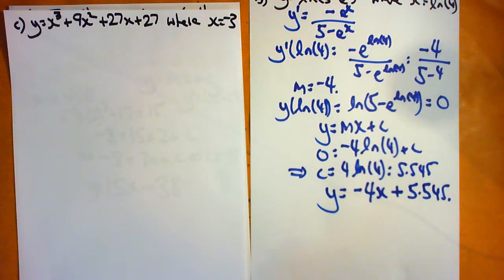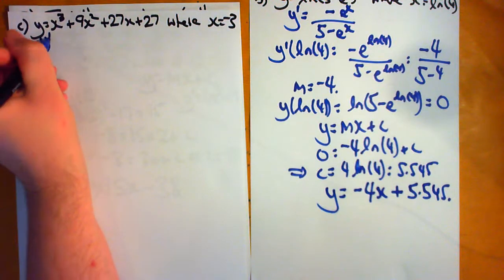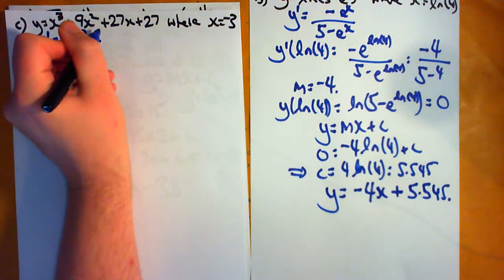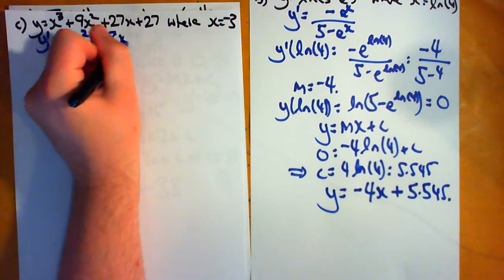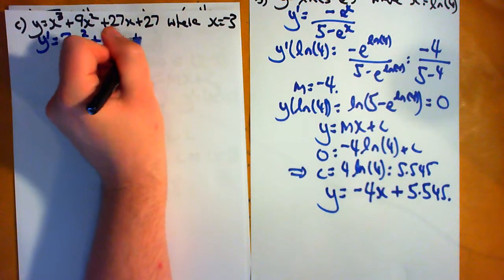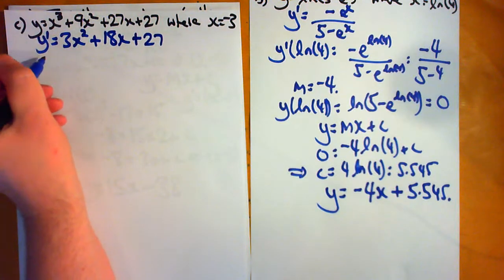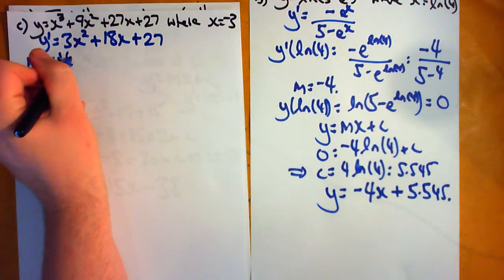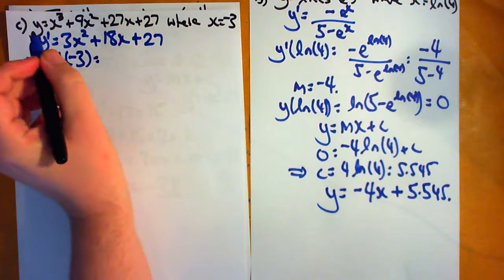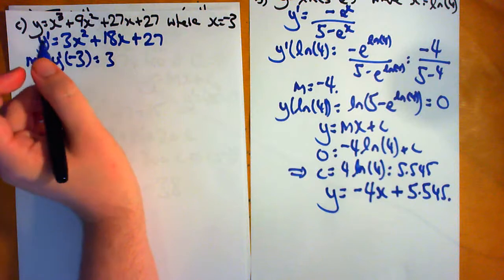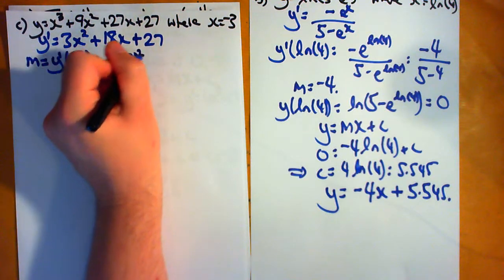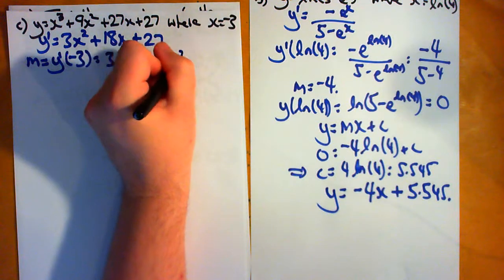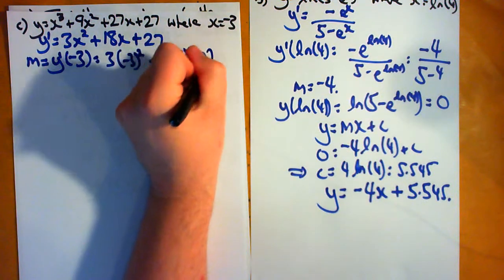First we need to differentiate. The derivative is 3x squared plus 18x plus 27, since 9x squared differentiates to 18x and 27x differentiates to 27. Now we need to find the gradient, which is y dash, substituting in the x value of negative 3: negative 3 squared times 3 plus 18 times negative 3 plus 27.